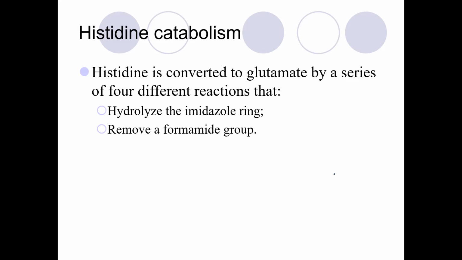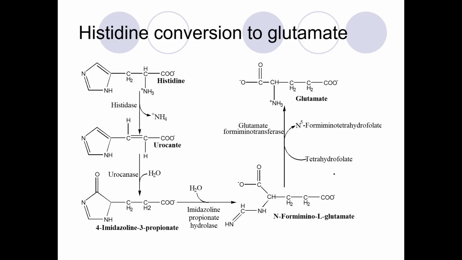First thing you need to do is get rid of the imidazole ring. So you're going to remove a formamide group. That's going to require tetrahydrofolate. So here are the reactions by which you degrade histidine to glutamate. Glutamate is then converted to alpha ketoglutarate.